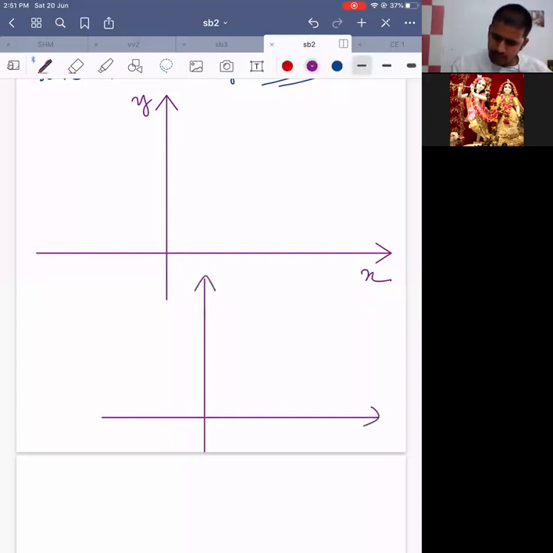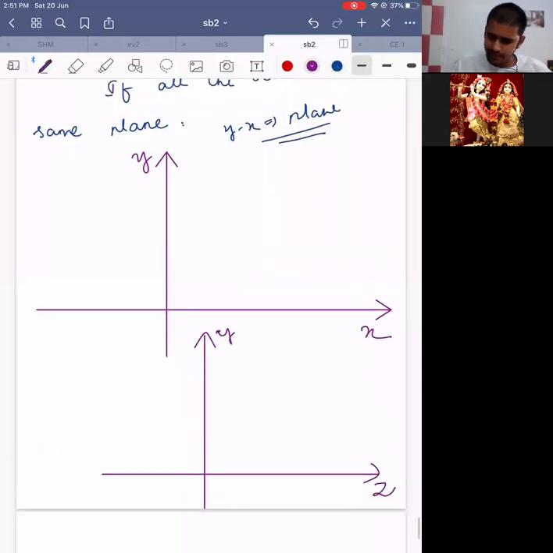This is y and z. This is a different plane. Two different planes.